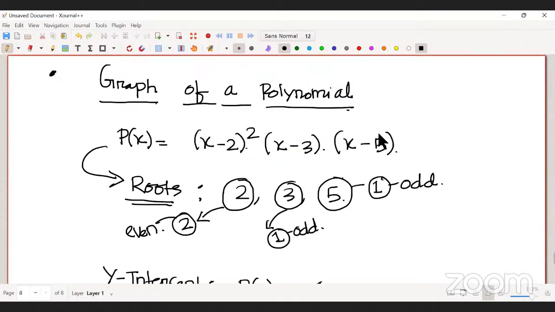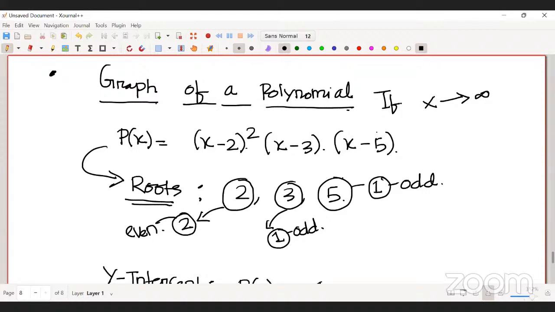If x tends to infinity, where will this polynomial go? Infinity. Correct. Because the degree of the polynomial is even, and the coefficient of the highest power of x here is positive.